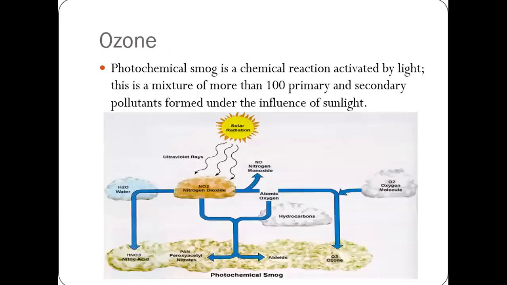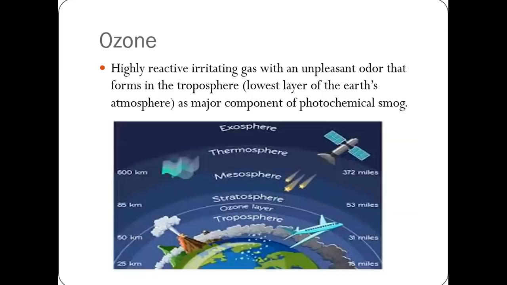So let's start with ozone. What is ozone? Ozone is a highly reactive, irritating gas with an unpleasant odor that forms in the troposphere. It is a major component of what you call photochemical smog. And I guess you're familiar with what smog is all about.